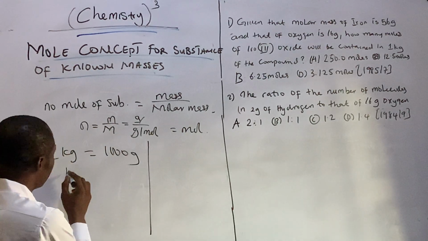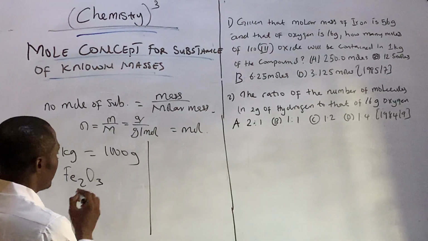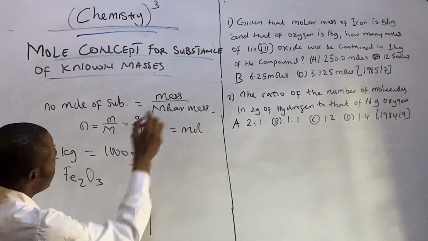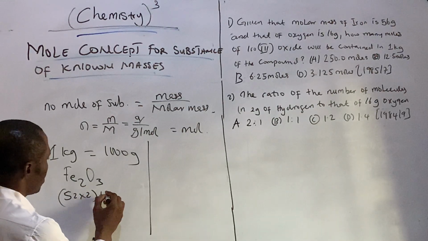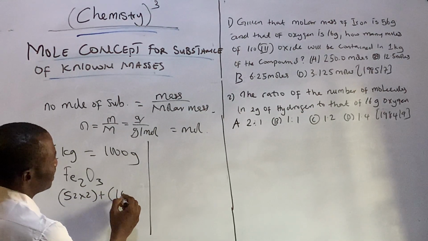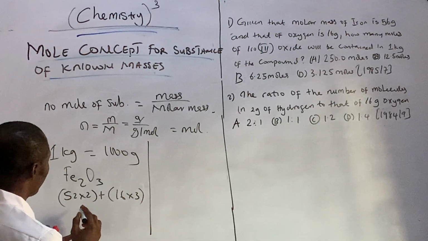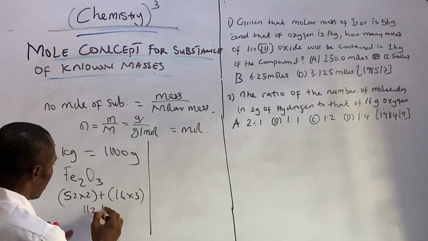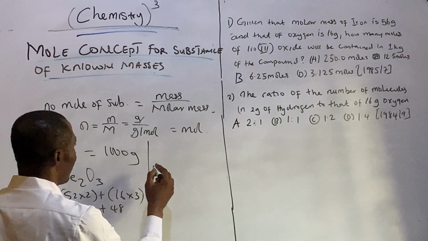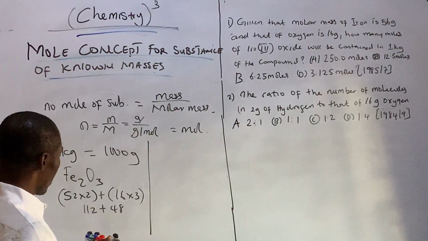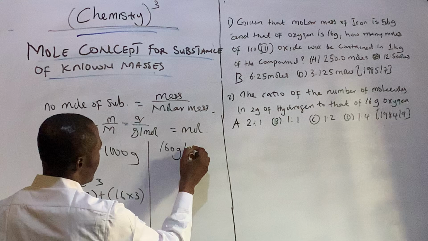Then the molar mass of iron 3 oxide is, iron is 56 times 2, then plus oxygen is 16 times 3. That is going to give me 112 plus 48. When I add this together, that will be 160 gram per mole.